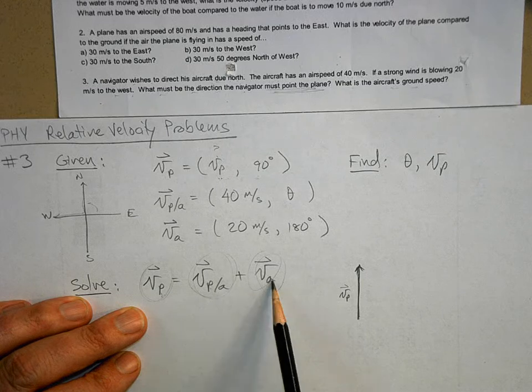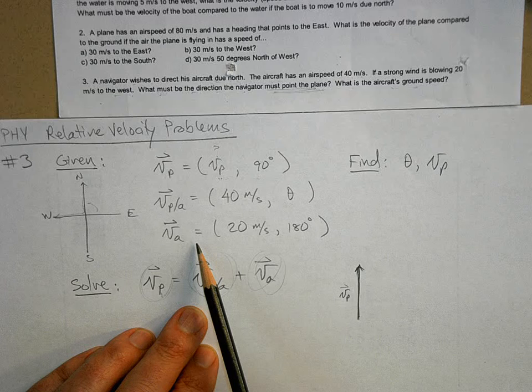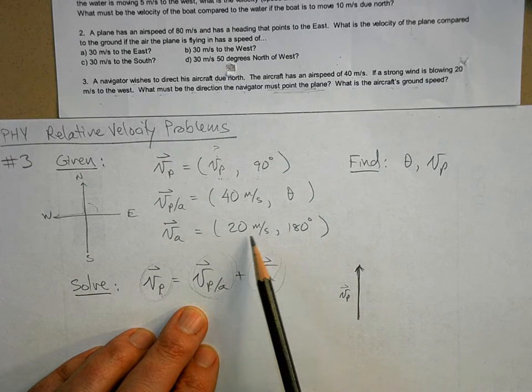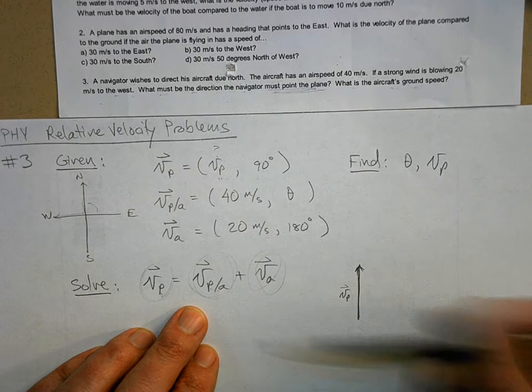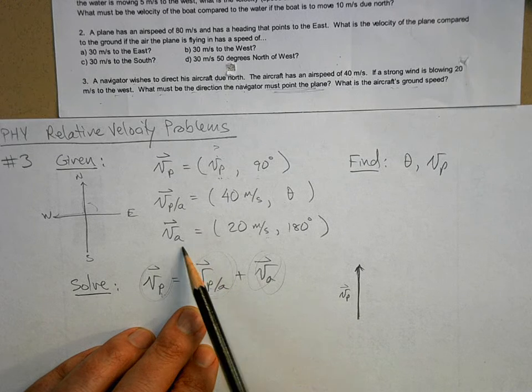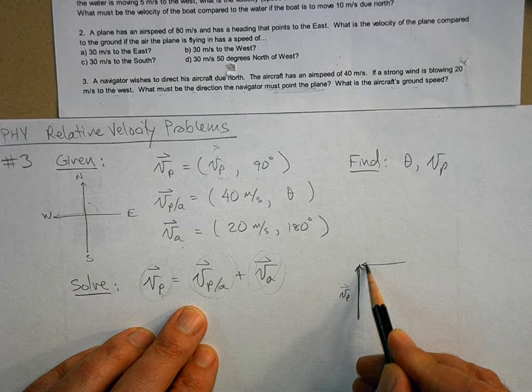And then I'm going to add these two together. Well, I know that the velocity of the air is 20 meters per second at 180 degrees, or to the left, or to the west. And I'm going to add that to this, so I know this is where it's going to end.